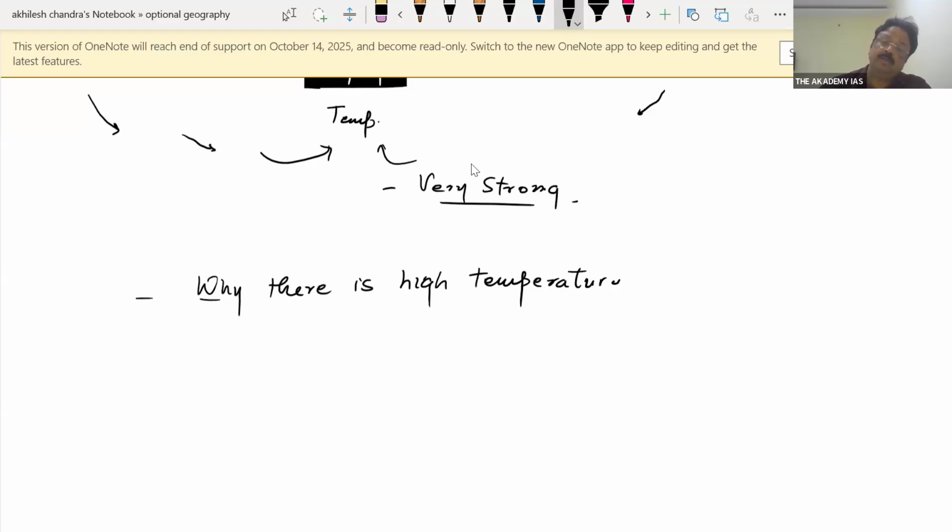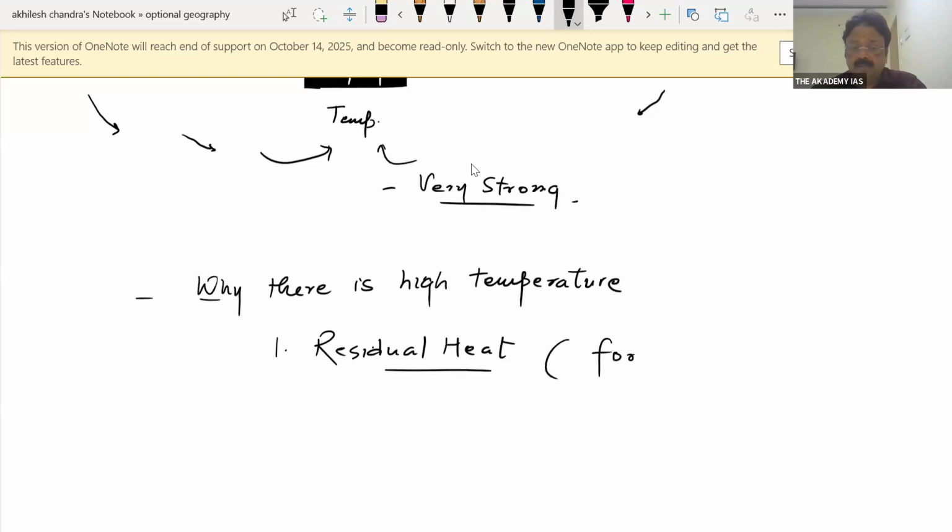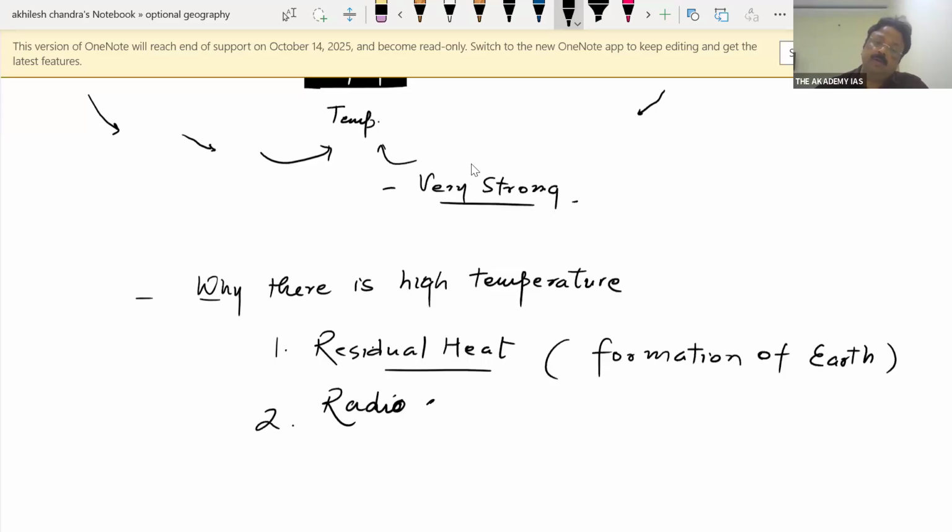It is due to four reasons. Number one, residual heat, which was present at the time of formation of the earth. This heat is still there. The second is the presence of radioactive elements.